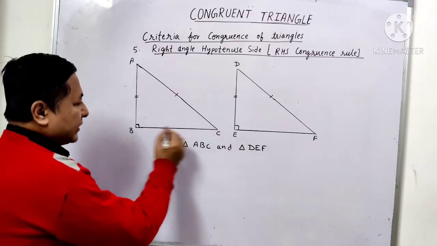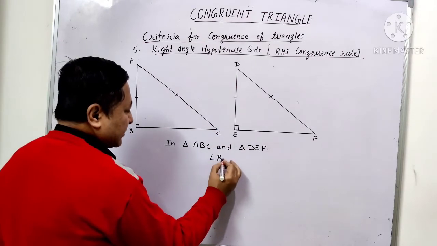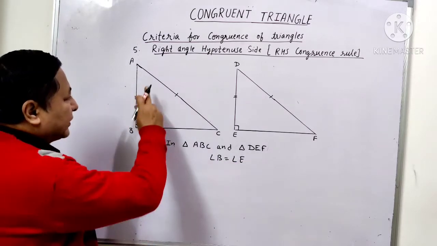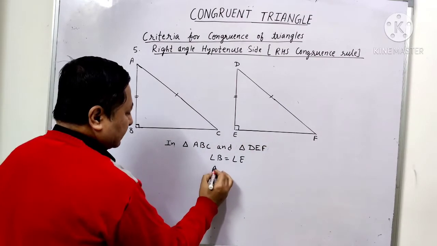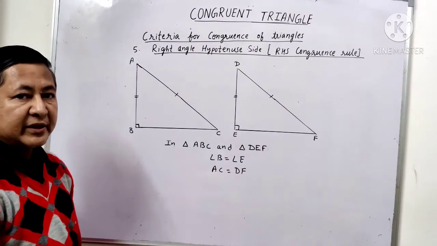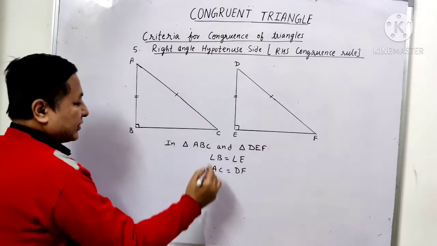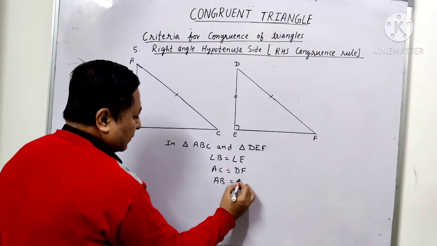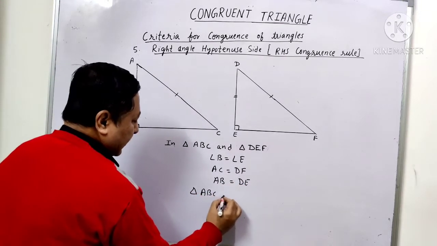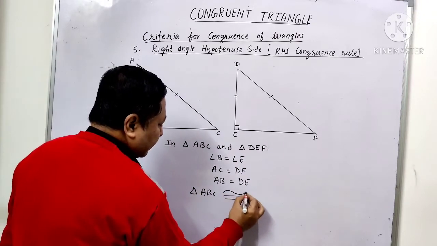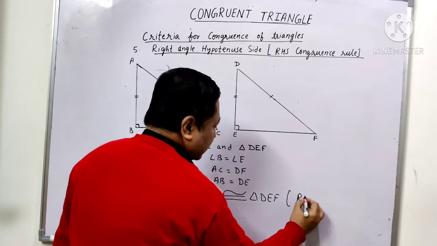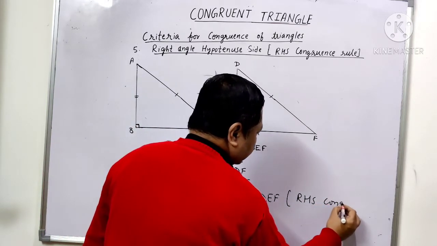So if angle B and angle E are equal, that means it is a right angle triangle, and then the hypotenuses AC and DF are equal, and then we can have any one other side, that is AB and DE. In this case AB and DE are equal. So the two triangles, ABC and DEF, will be congruent by the rule known as the RHS congruence rule.